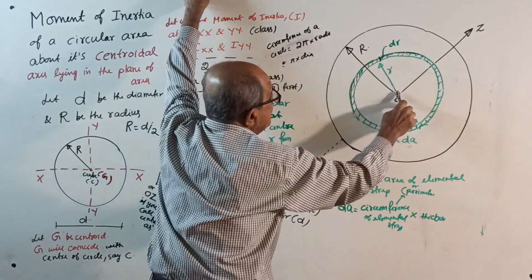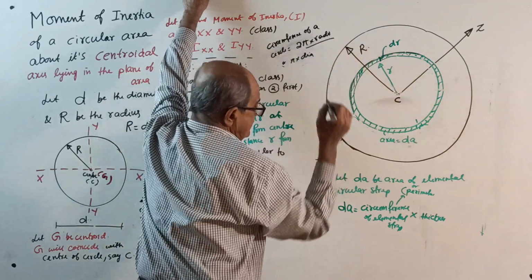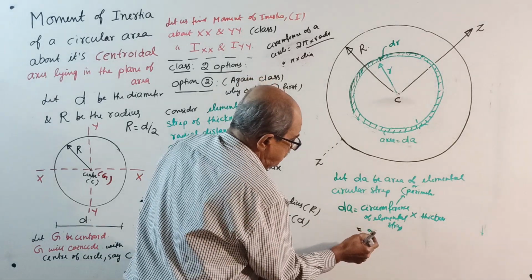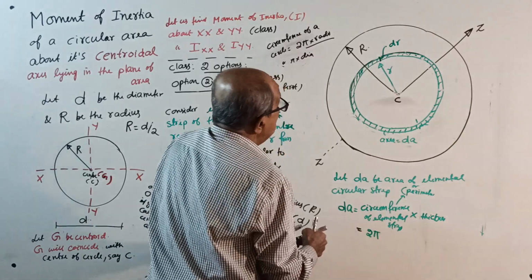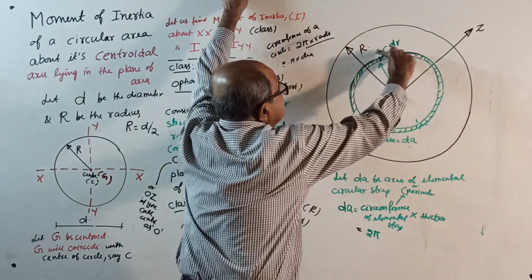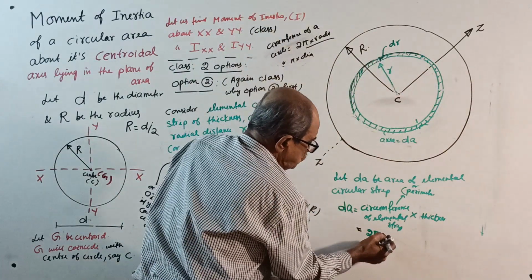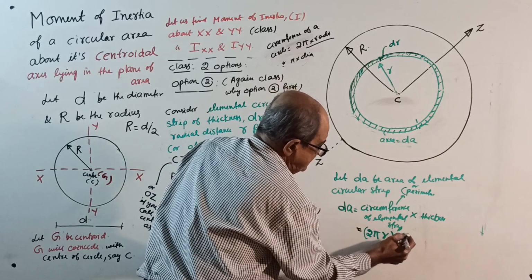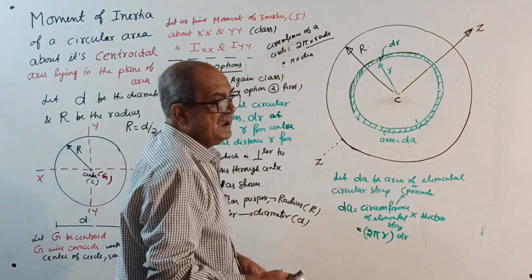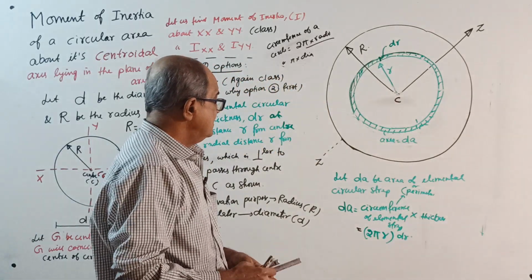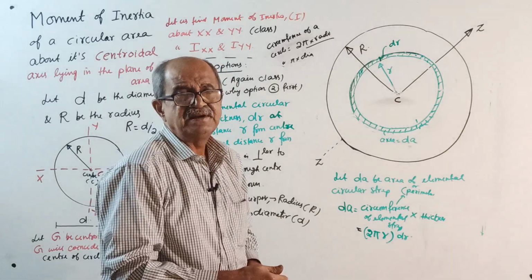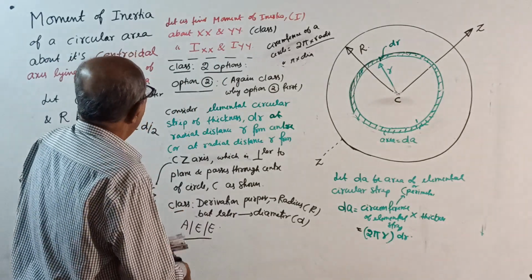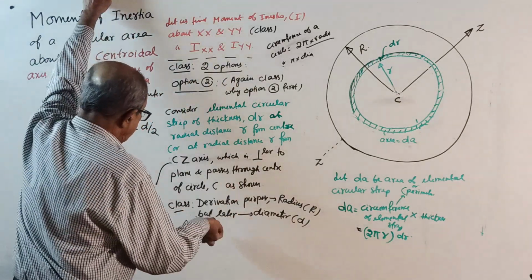But we are taking radius, so use radius. I want the circumference for the elemental strip, radius is r, so 2 pi r is the circumference, into thickness dr. So 2 pi r dr is the area of the elemental strip. Now see, so simple it is. I can remove this one because it is not required now.